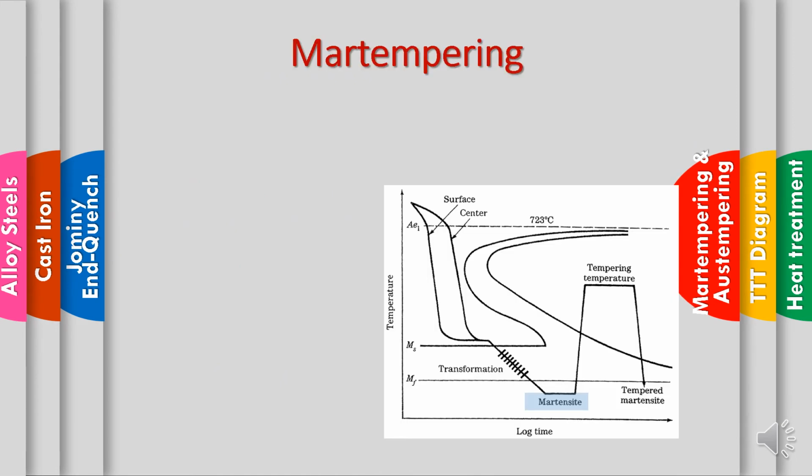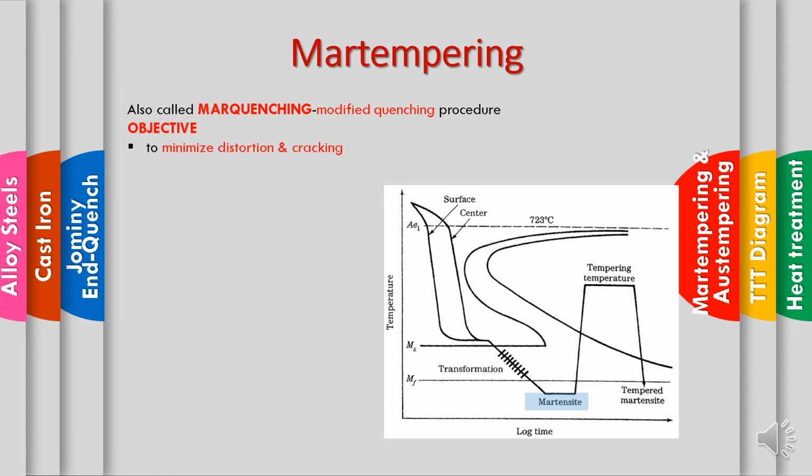So for another process of heat treatment, we have martempering and also austempering. Martempering is a modified quenching process, and the objective of martempering is basically to produce a martensite phase while minimizing distortion and cracking.